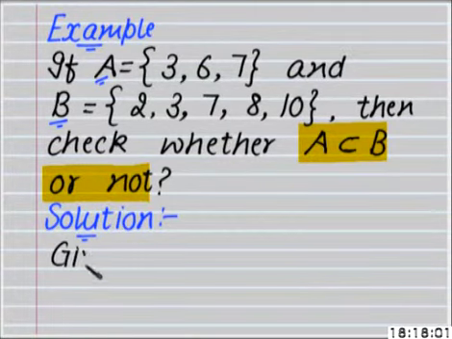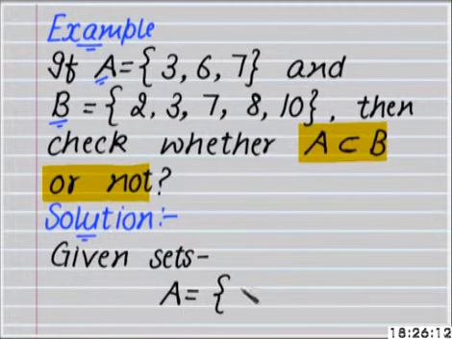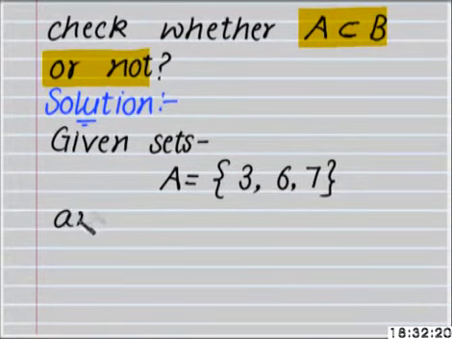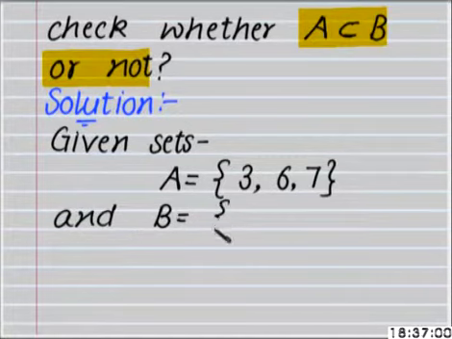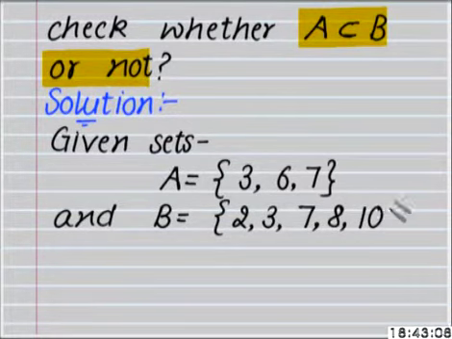The given sets, set A containing elements 3, 6 and 7 and set B containing elements 2, 3, 7, 8 and 10.